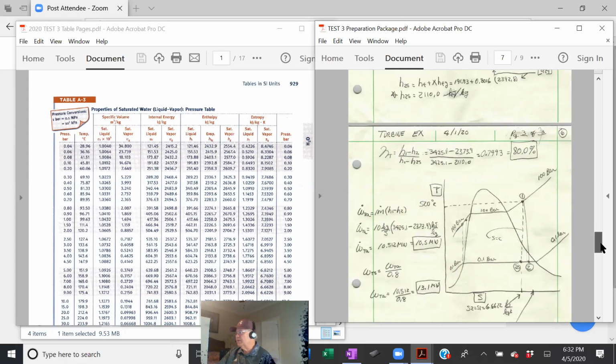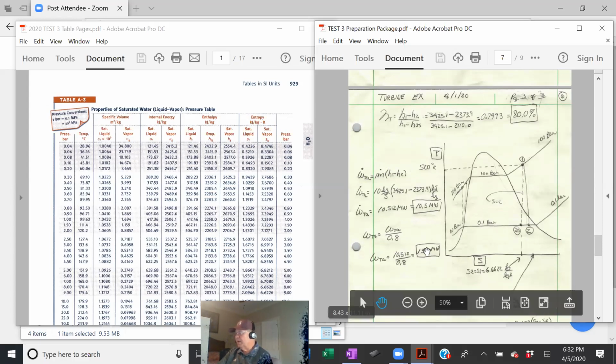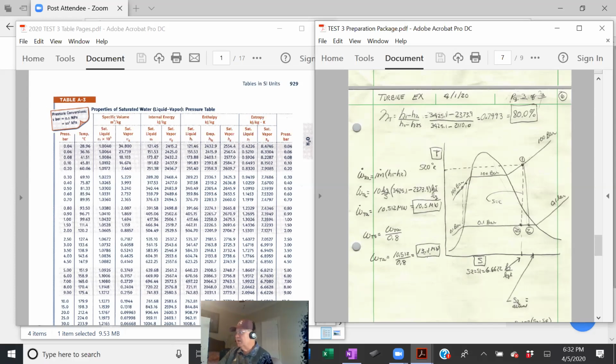Now I can make all these other calculations quite easily. The work of the turbine actual is m dot times H1 minus H2. I get 10.5 megawatts. The work of the turbine isentropic is 13.1 megawatts. That's quite a bit of energy. If I divide that by 0.8, I get 13.